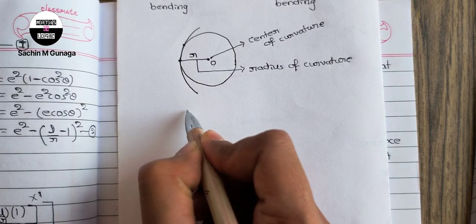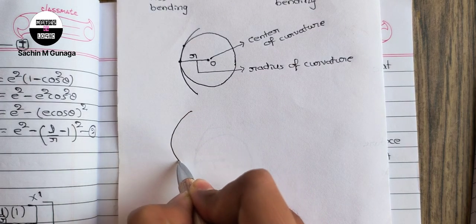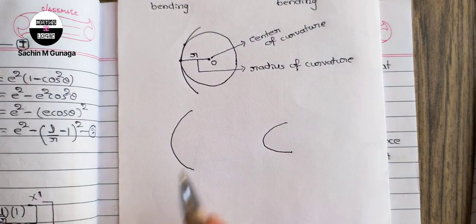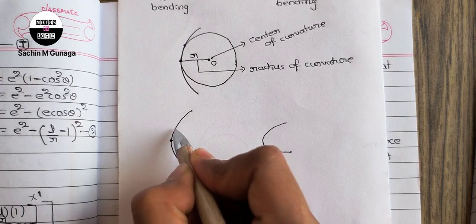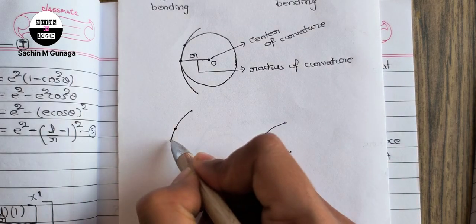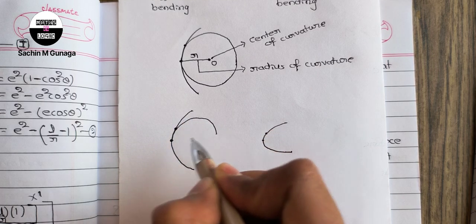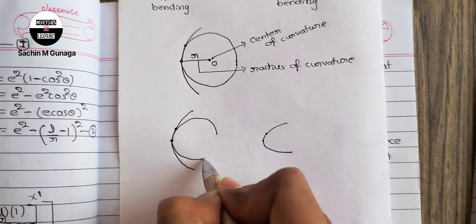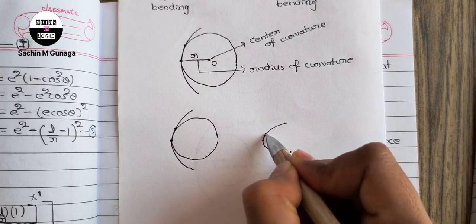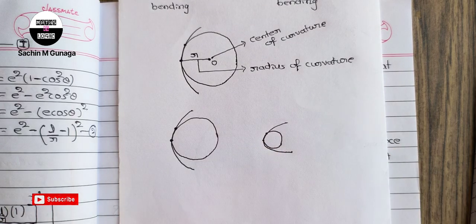Now 2 more curves I am going to consider. This is the first one and this is the second one. Again on each curve, 2 points. Next, if I continue this part constantly, what am I going to get here? A circle. Here also, if I continue this part constantly, I am going to get a circle.